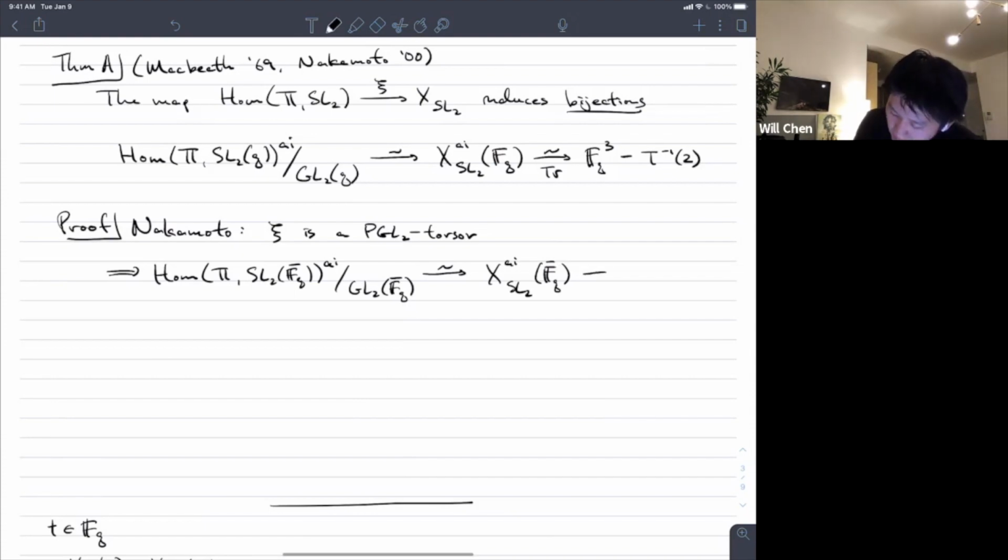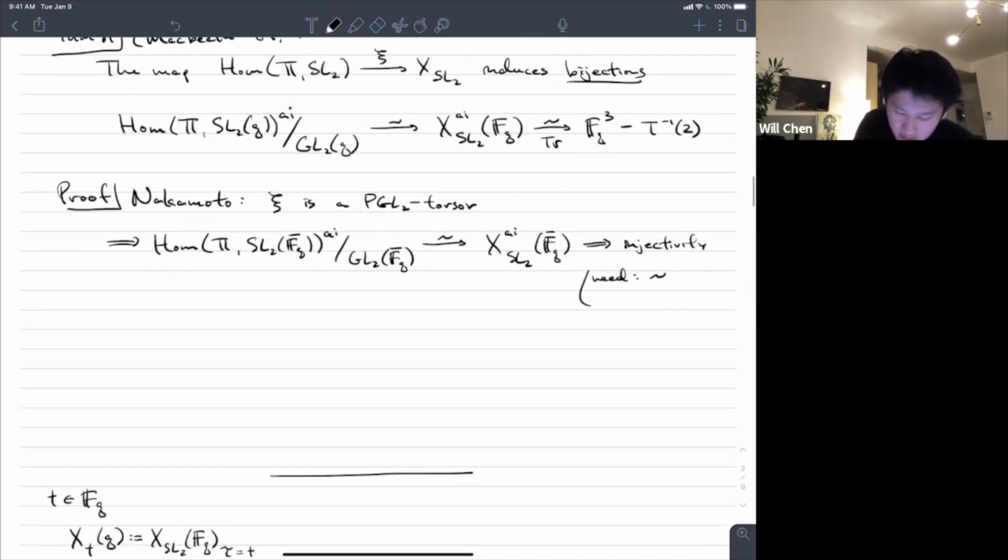It doesn't quite imply injectivity just yet, but you need an additional group theoretic input, which is that two absolutely irreducible representations are conjugate inside GL2 FQ bar, and that implies that they're actually conjugate in GL2 FQ.